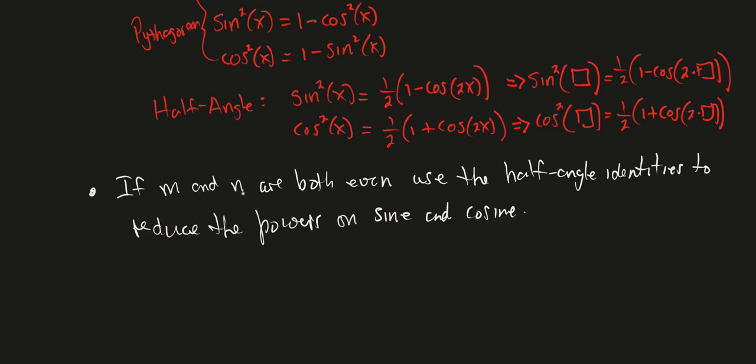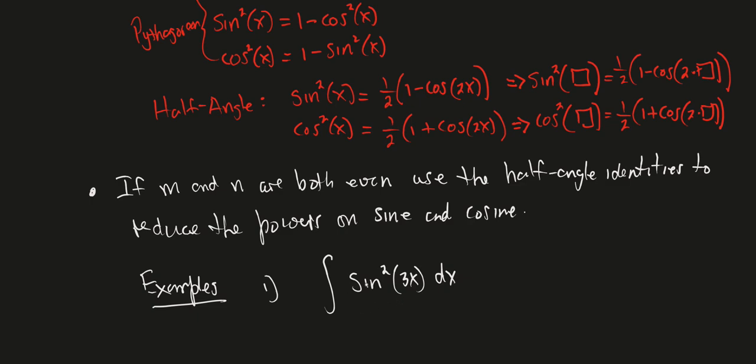So let's do an example, or at least a couple examples of this one, right? So let's see what it looks like. Let's say you have something like sine squared of 3x dx, and you have to find the antiderivative of this. Unfortunately, we can't just add 1 to this power and divide by 3. It doesn't work, right?